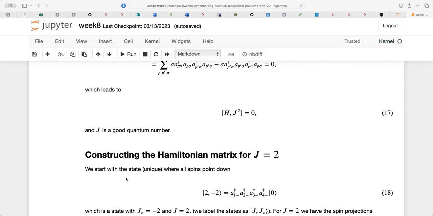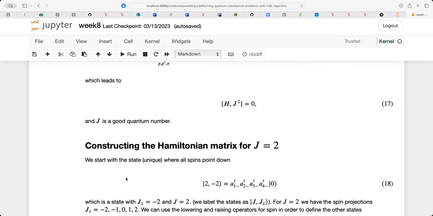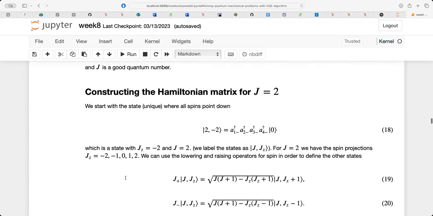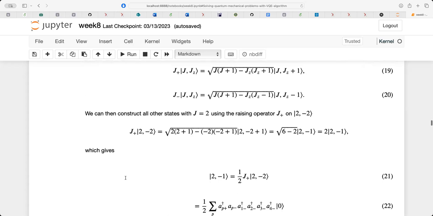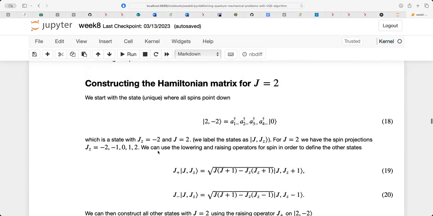Okay. Anyway, what we can do then is actually to use lowering and raising operators, and you can then set up, because now with the 4 particles, I showed you the 2 particle cases, but you can do that with 4 particles.